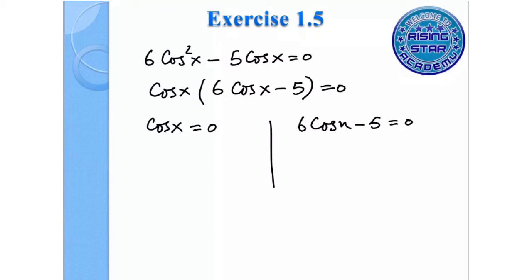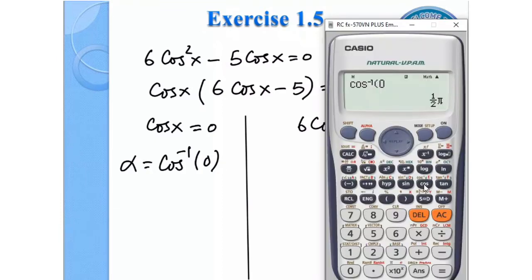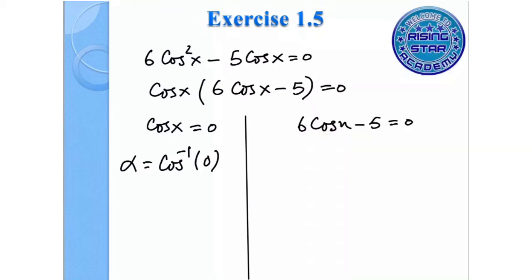The next thing, we are going to find the basic angle for these. Here we have alpha is equal to cos inverse of 0. By using the calculator, we can see the cos inverse of 0 is pi by 2. We know that cos is positive in the first quadrant and the fourth quadrant.